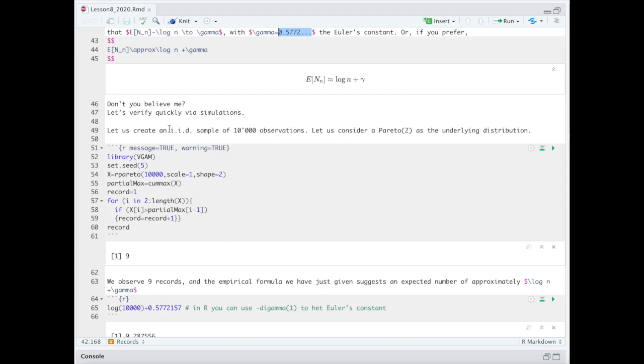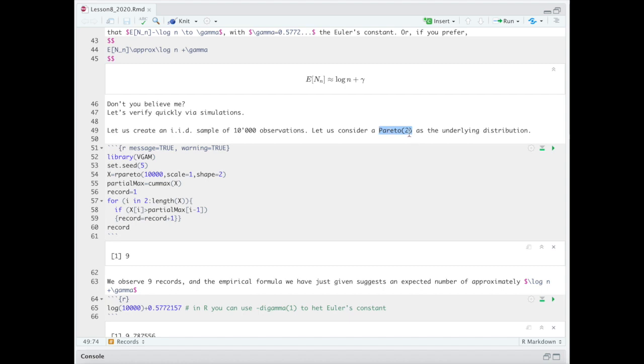Now, imagine that we consider a sample which is made of i.i.d. observations, and we consider 10,000 observations. All these observations are drawn from a Pareto of parameter 2. So it's a standard Pareto with minimum value 1 and shape parameter equal to 2.